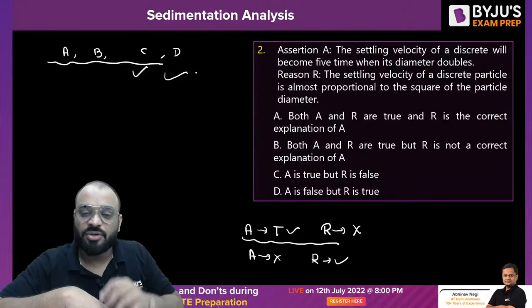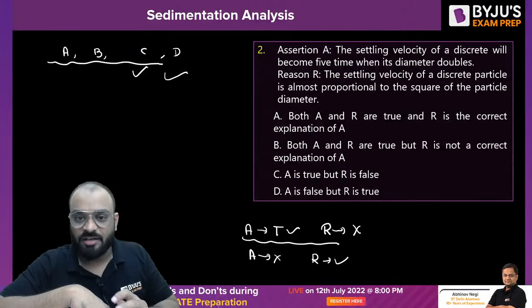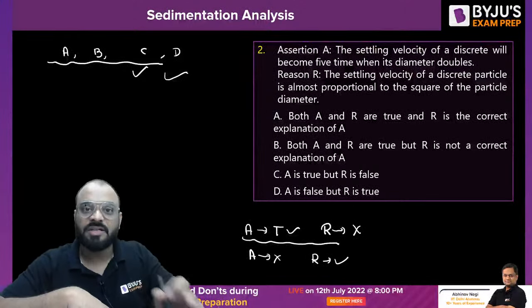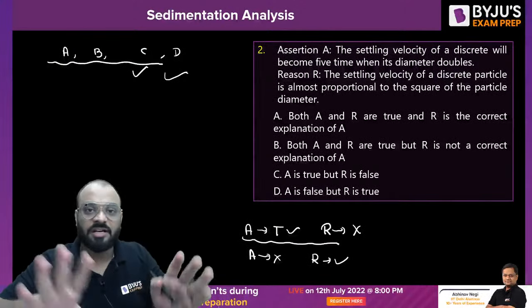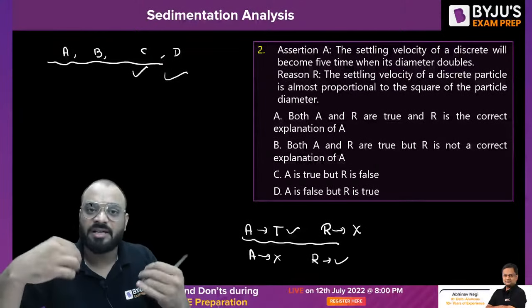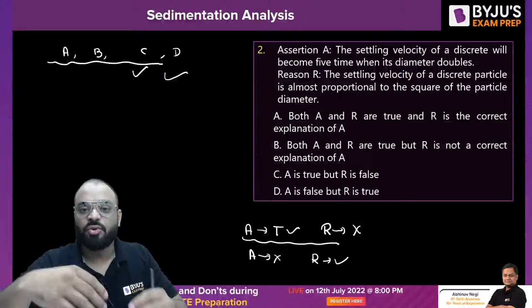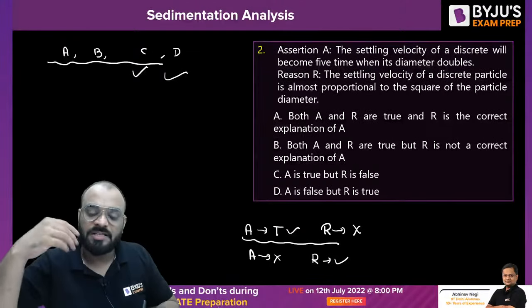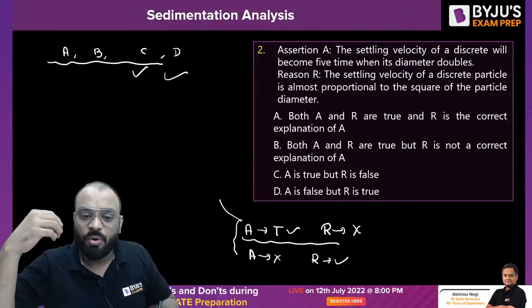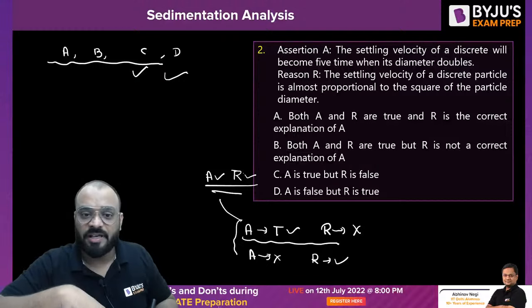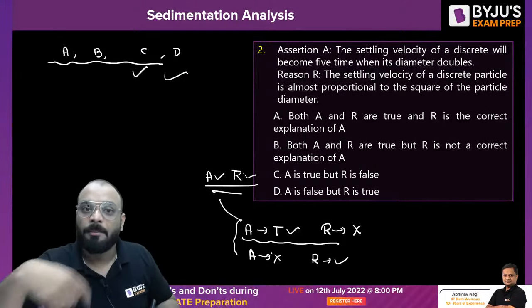So in the first step, you just need to check whether the assertion and the reason are true or false. If you find any statement wrong, then you will get your answer. You don't have to check again for option A and option B. Now let us suppose both the statements are true. That means the assertion is true and the reason is also true. In this case, you need to use the word because.